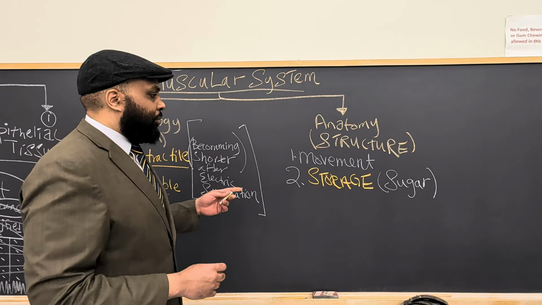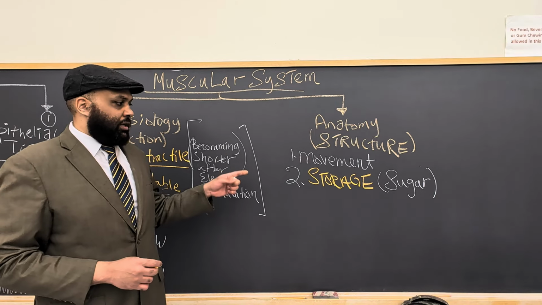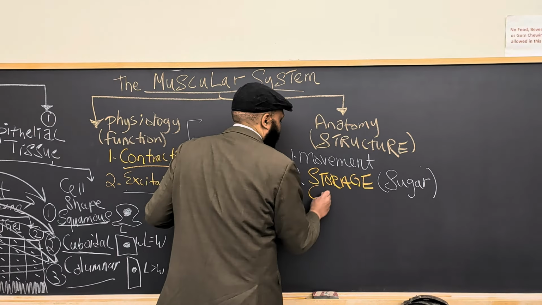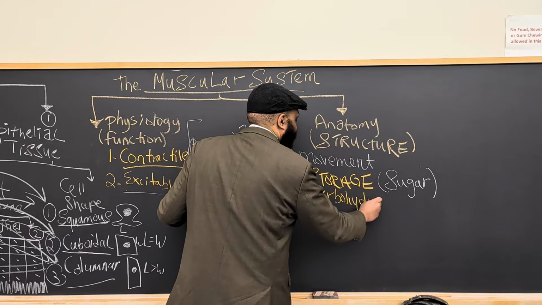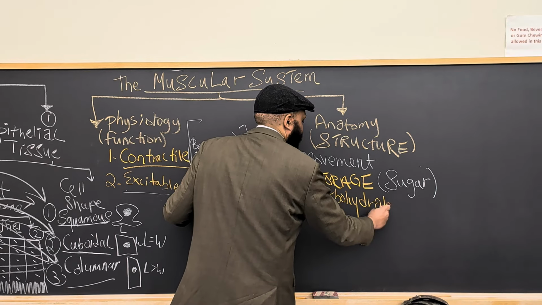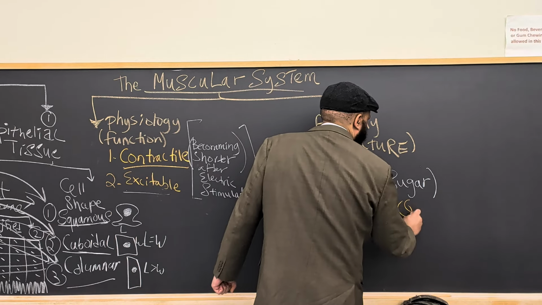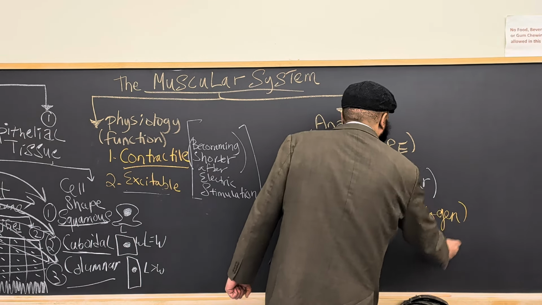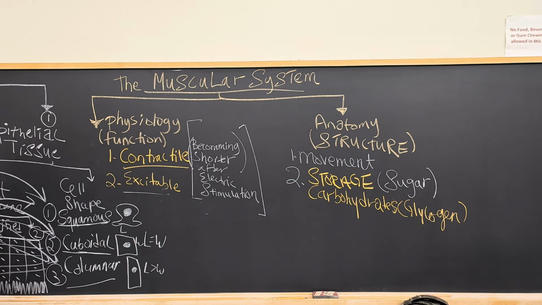The muscle tissue is important for movement and storage of the sugar, the carbohydrates, especially glycogen. Clear? Any questions?